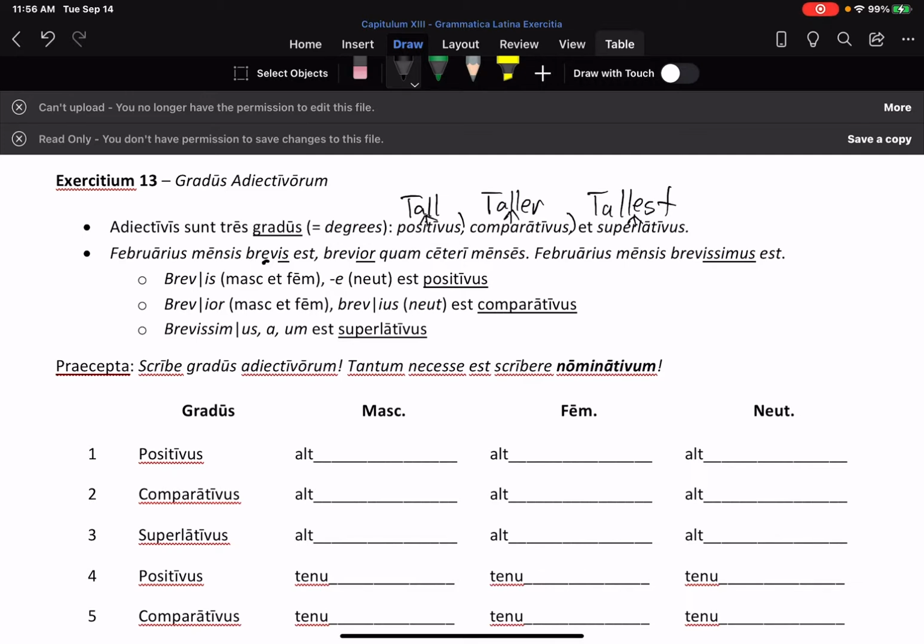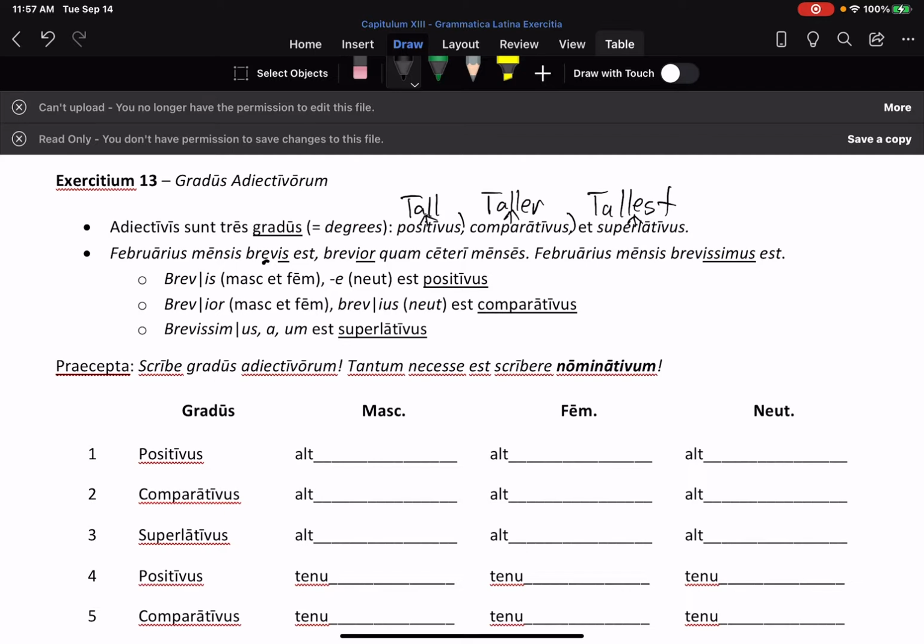Februarius mensis brevissimus est. So it's not merely a shorter month than others. It's the shortest month of all. Brevissimus mensis est Februarius. Part of what makes third declension adjectives tricky, but also a little easier in some instances, is that the masculine and feminine endings for the third declension look the same for the most part.